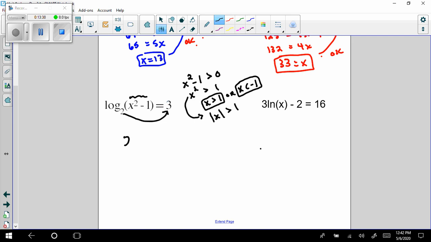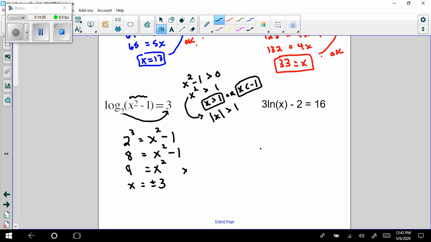So I have 2 to the third is equal to x squared minus 1. 8 is equal to x squared minus 1. Add 1. 9 is equal to x squared. So x can be plus or minus 3.